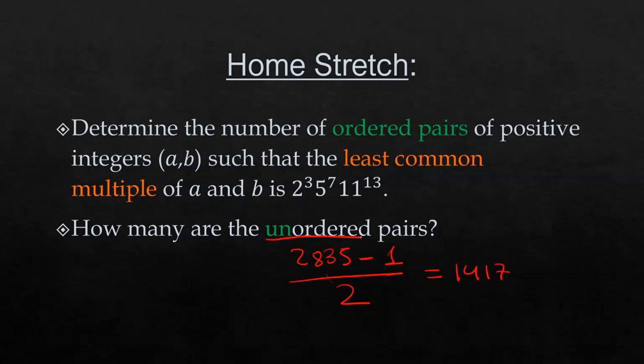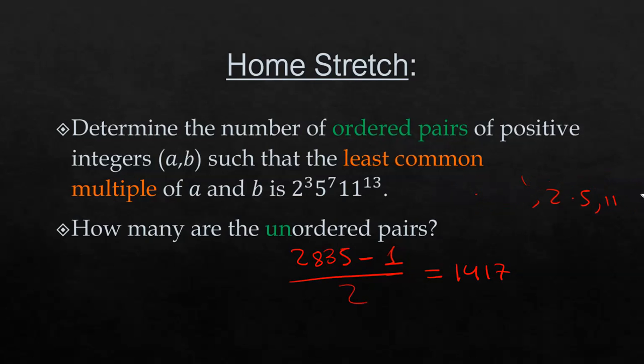All that we're doing with the unordered pairs is that we are killing the one that has the least common multiple itself. So we are killing this one, and then we are dividing by 2 to kill all of the mirrors of the ordered pairs.